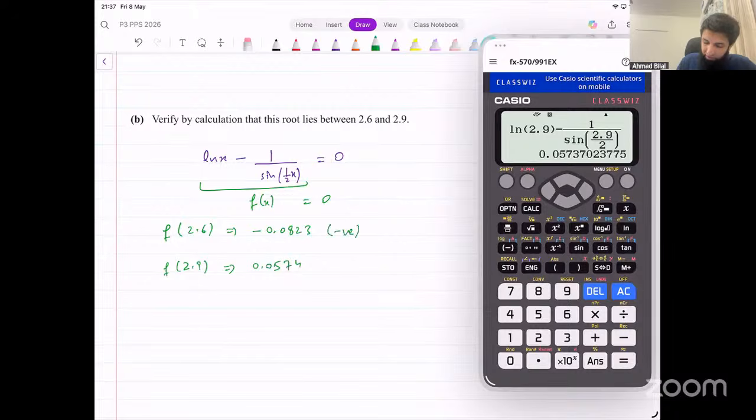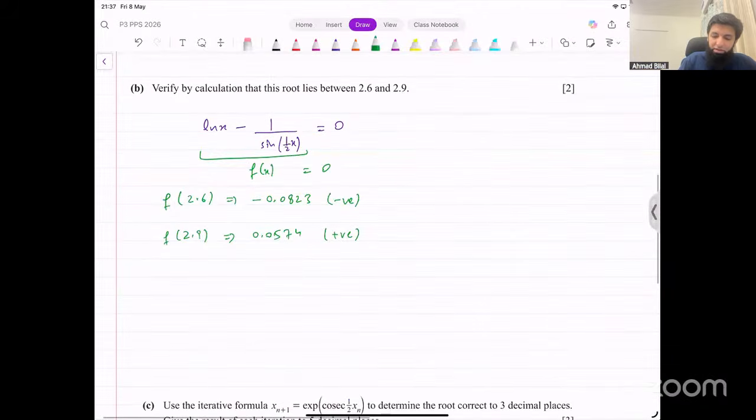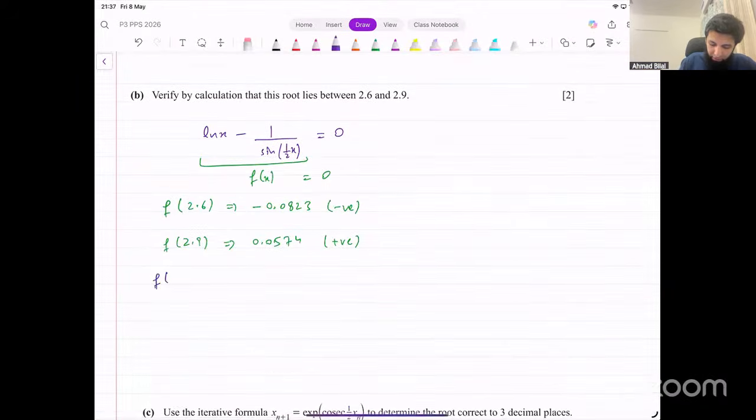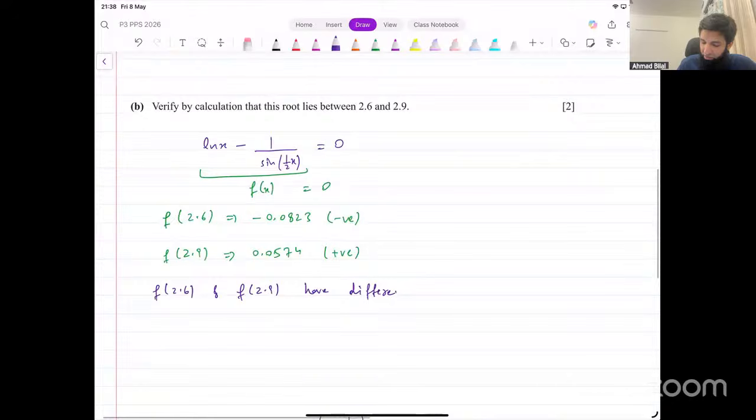One value is negative, the other value is positive. So you write down the statement now: f of 2.6 and f of 2.9 have different signs, or the signs are changing. That's the keyword. You need to make sure that you write that. That is why the root lies between 2.6 and 2.9. Okay, that's what we had to prove in this part.